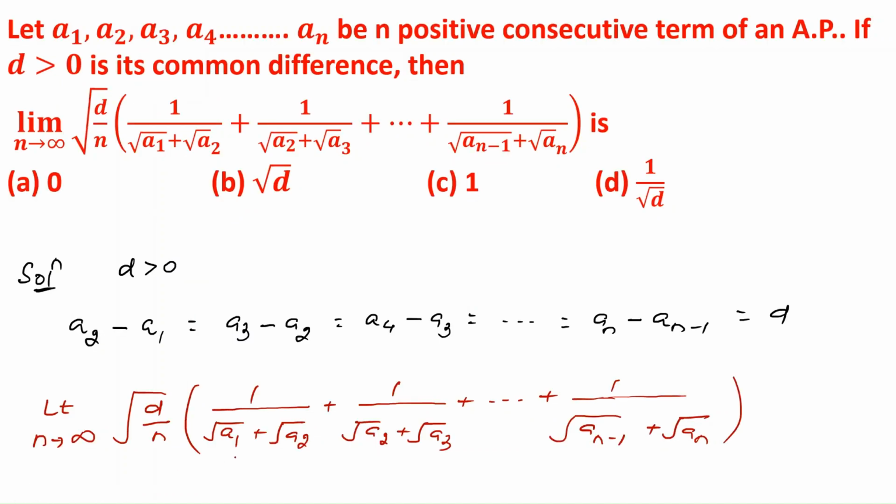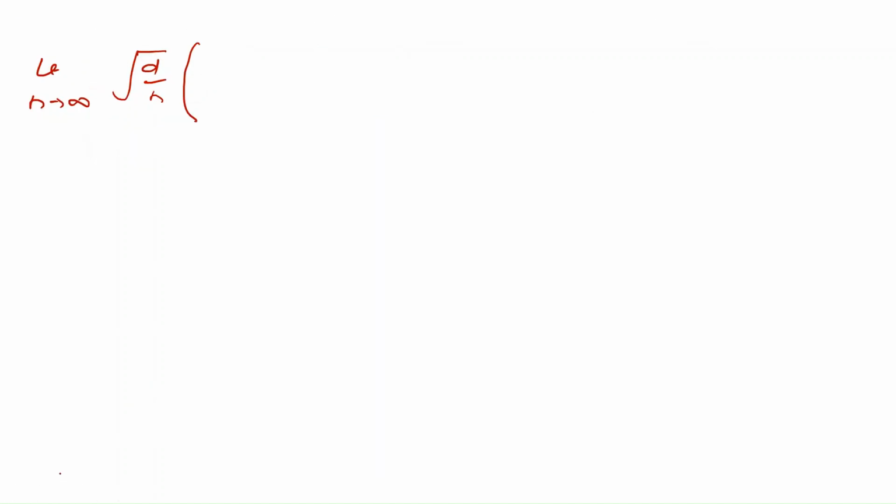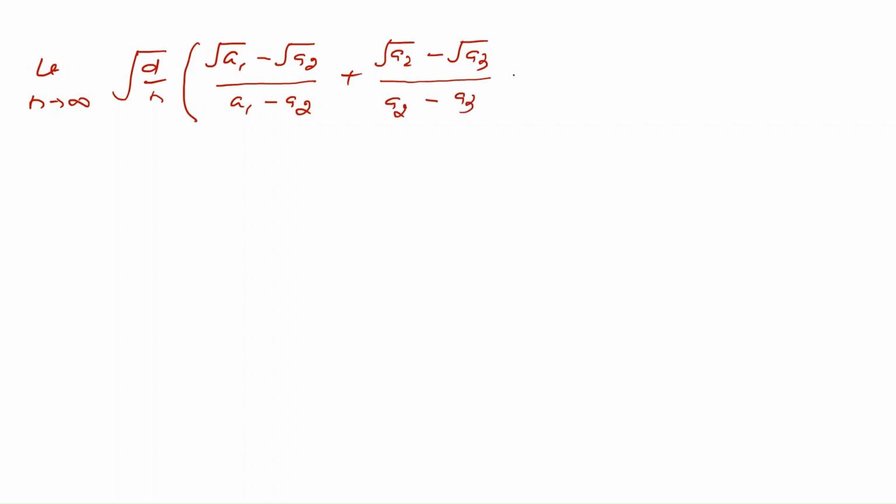the limit as n tends to infinity of square root of d upon n, and after rationalizing we get (square root of a1 minus square root of a2) in the numerator by (a1 minus a2), plus similarly (square root of a2 minus square root of a3) upon (a2 minus a3), and so on, up to (square root of a(n-1) minus square root of an) by (a(n-1) minus an).